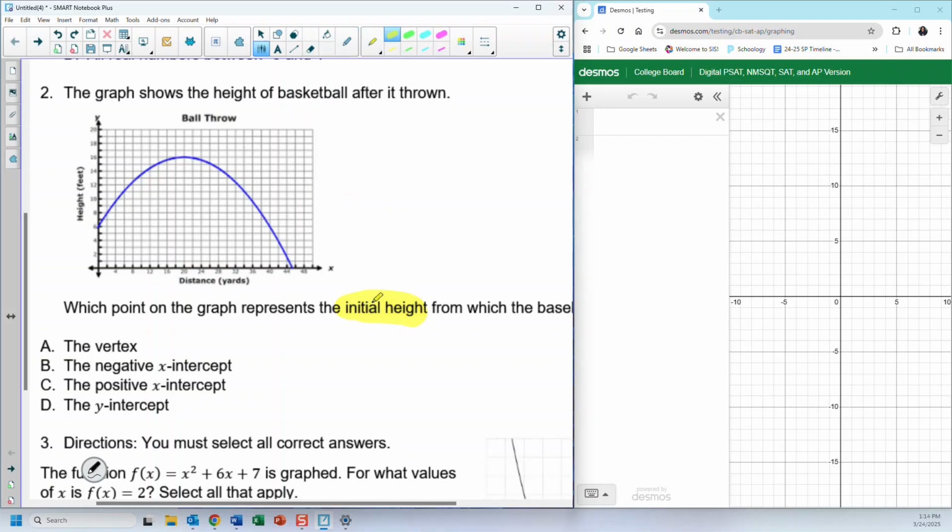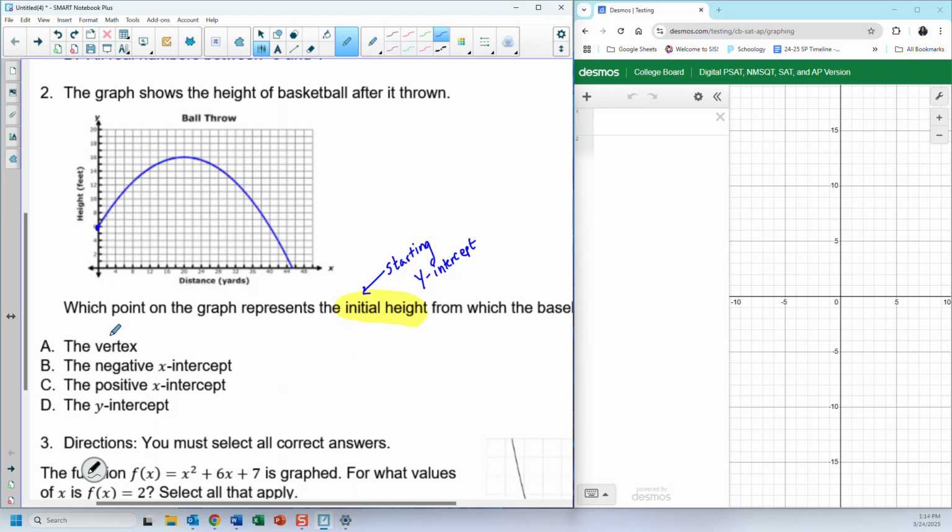So initial height is another way to say starting point, so where we're starting to collect our data from. So it looks like the starting point is right here, and it's always going to be at the y-intercept. Okay, the y-intercept is the starting point, the initial height.